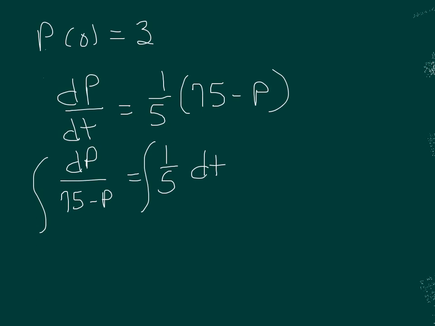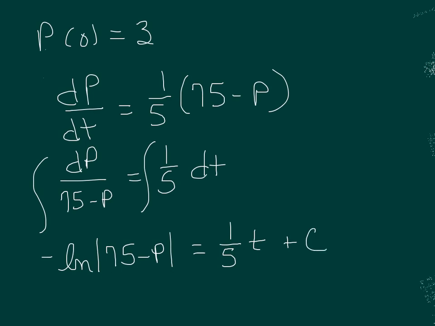Attention. Do I have the derivative of the denominator in the numerator? You almost do. What's missing? Negative. Now take your time. All right, so that's the left side. What is the right side equal to? 1/5 t plus c.